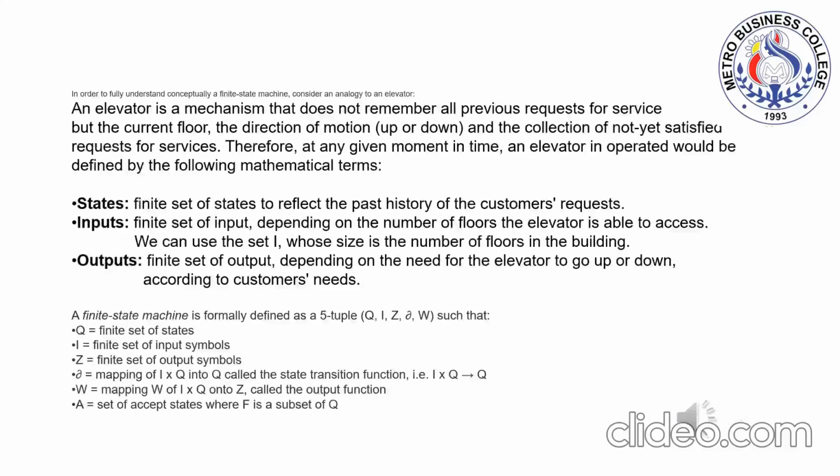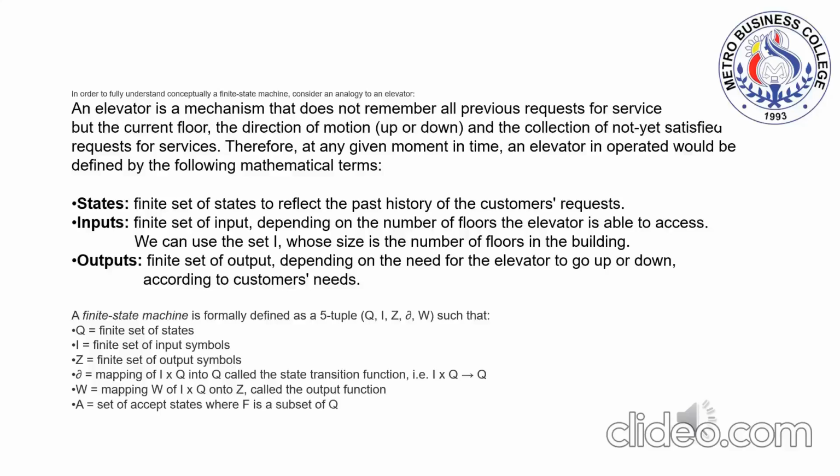An elevator is a mechanism that does not remember all previous requests for service, but the current floor, the direction of motion, up or down, and the collection of not yet satisfied requests for services. Therefore, at any given moment in time, an elevator in operation would be defined by the following mathematical terms.